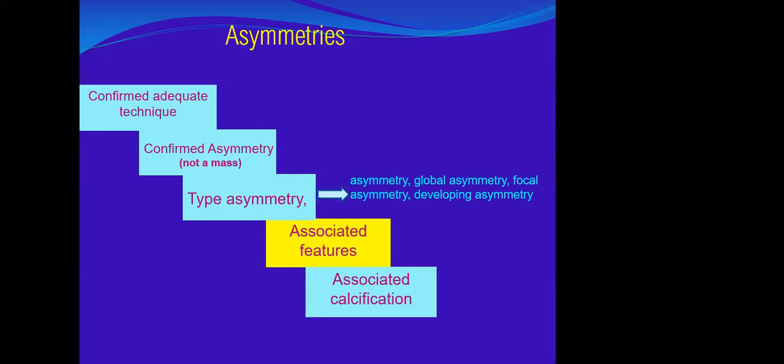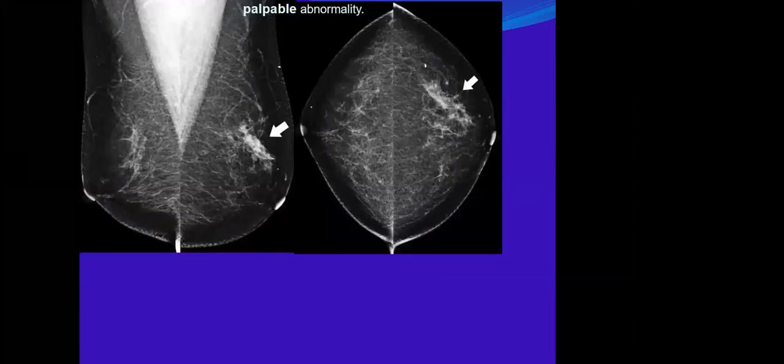Let us see what the associated features are. What about this? In the outer quadrant of the left breast.